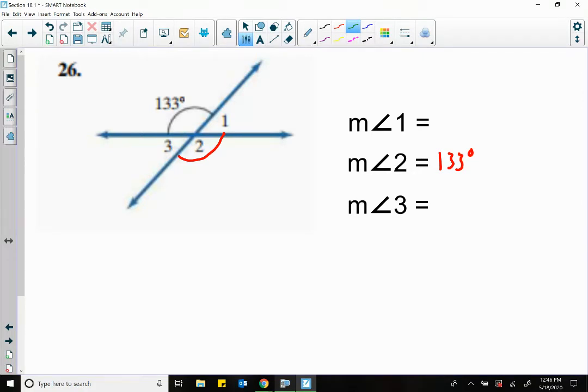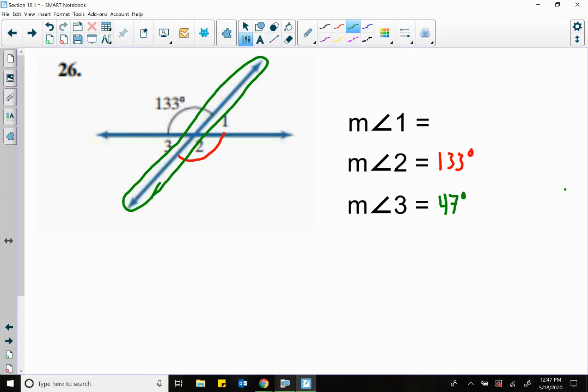Well, I know that angle 3 and the original angle, these two, form this straight line. That means they're a linear pair. And linear pairs are supplementary. Okay? So these two angles are supplementary to each other. So if I take 180 minus 133, I know that angle 3 is 47 degrees.